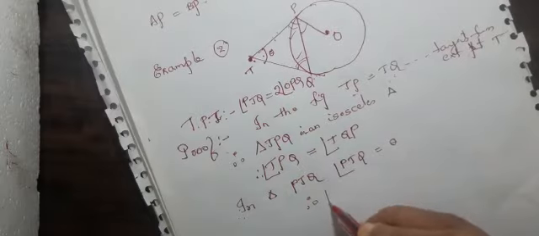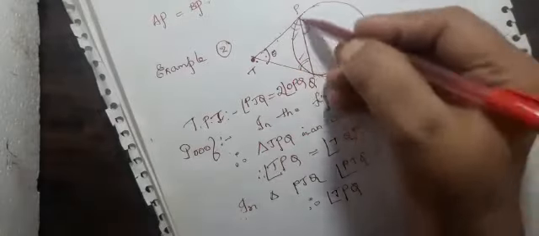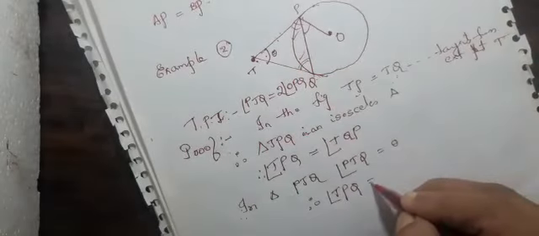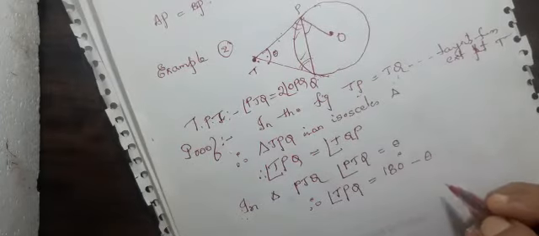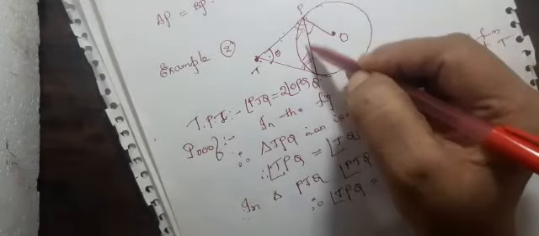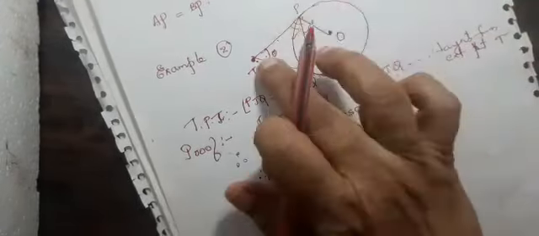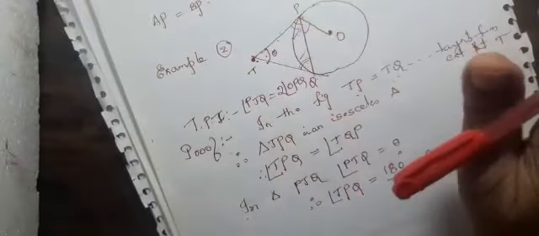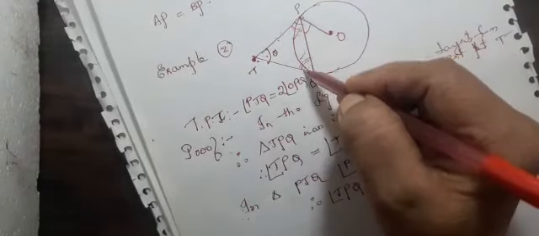Therefore, angle TPQ, which is equal to angle TQP, will be equal to 180 degrees minus theta, divided by 2. Because each of these angles are equal to each other. 180 minus theta divided by 2, you will get the value of each of these angles.